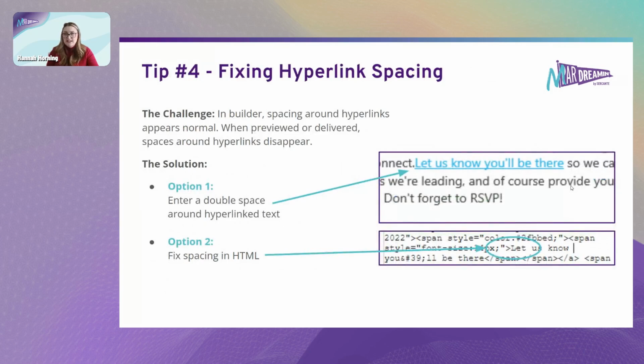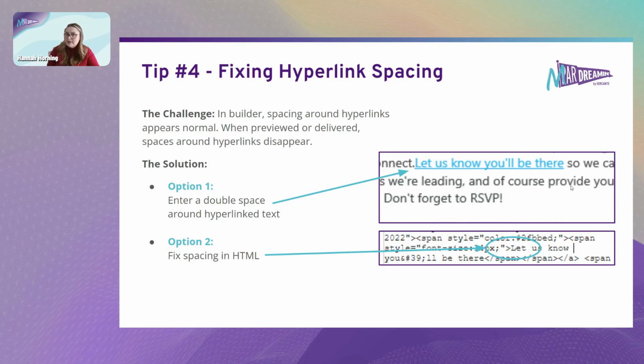There's some spacing issues. This was another one. My designer was like, hey, throw this in there. This drives me crazy. It creates some weird spacing issues around your hyperlinks when you go to add a hyperlink. So what happens is it basically deletes the space. Or sometimes it adds an extra space. It's very odd. So what you can do to fix it is if you don't have the space, you can double space.